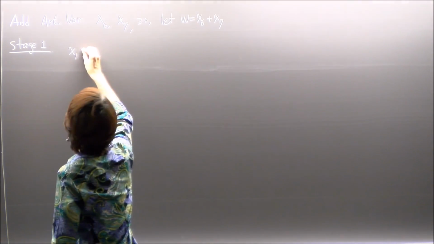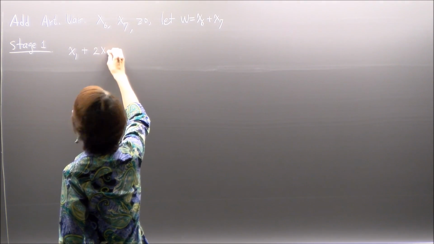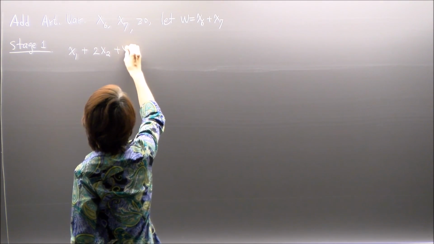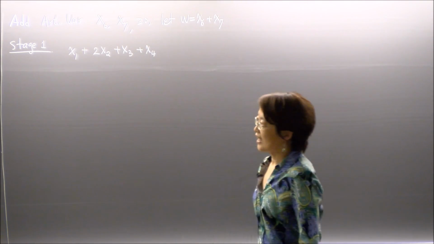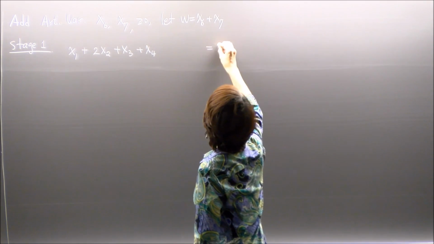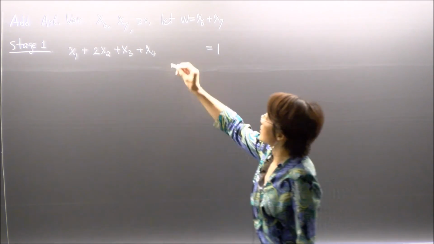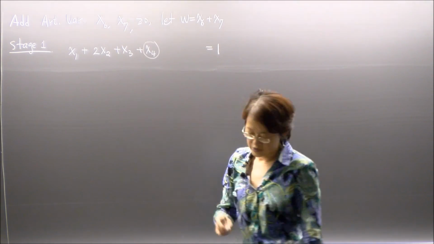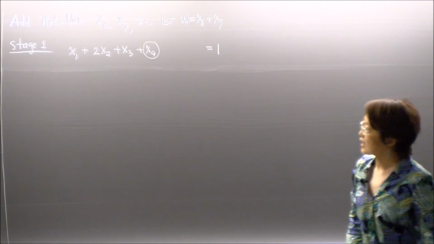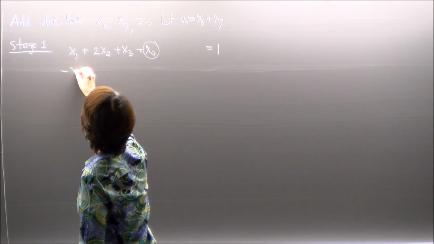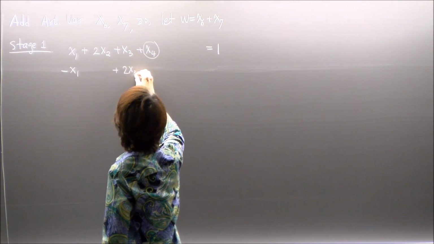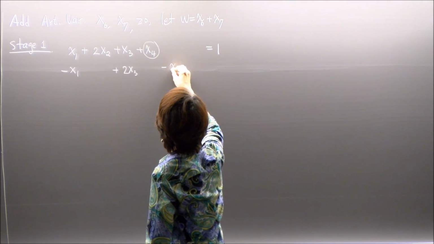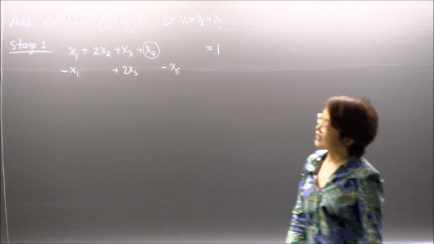So the first equation, I will not add anything to it. It's fine, because x4 is the basic variable here. You can circle it. And the second equation is like this.